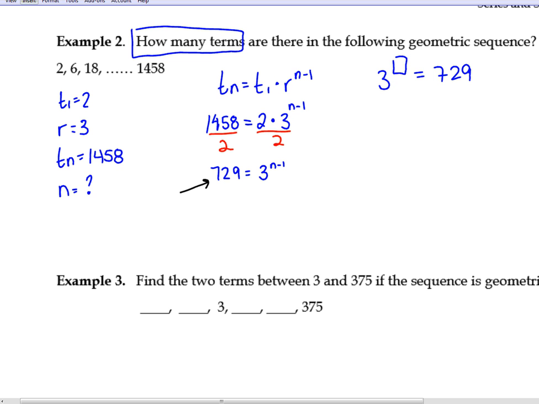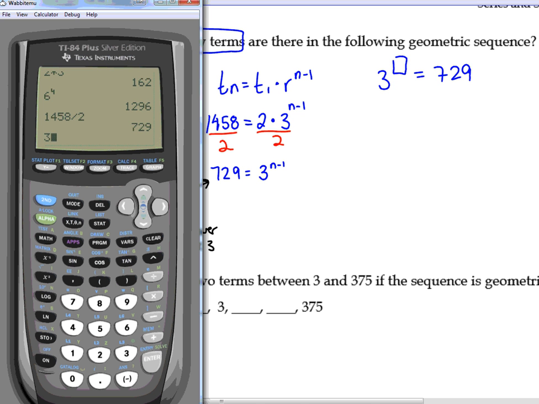I need to turn this into a power with base 3. Okay, so 3 to the power of what is 729? Let's check. It's 3 to the power of 9, 729.